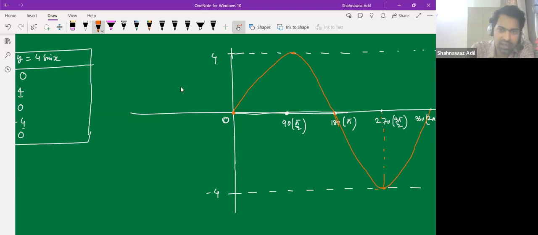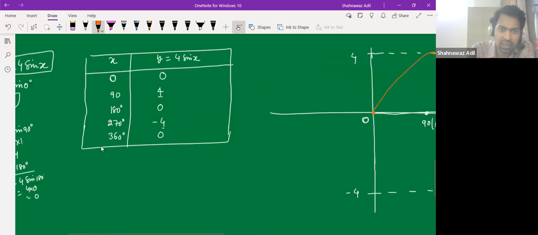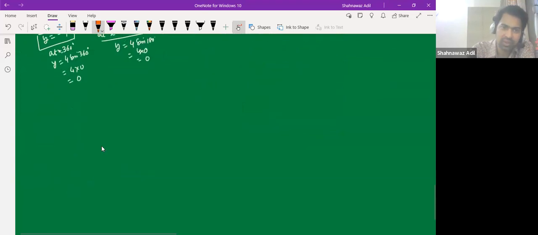Now let us understand about the graph of cos x. Let us write 4 cos.